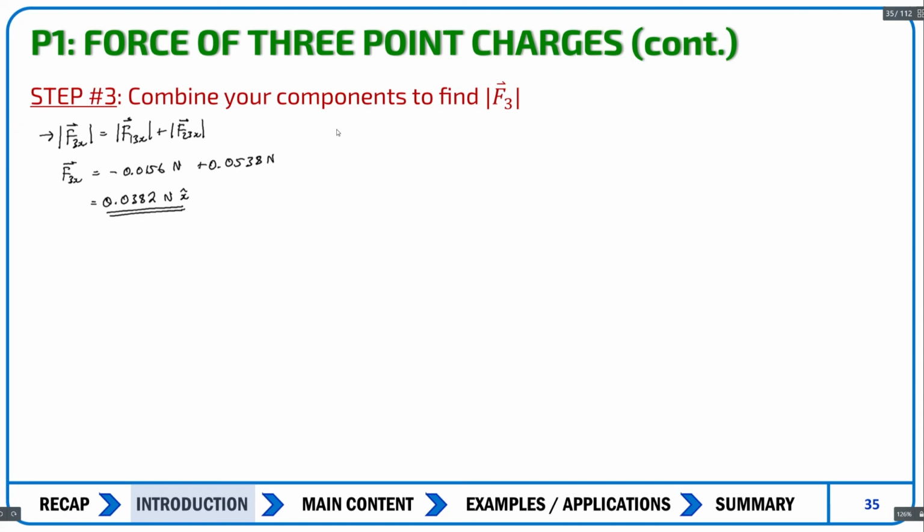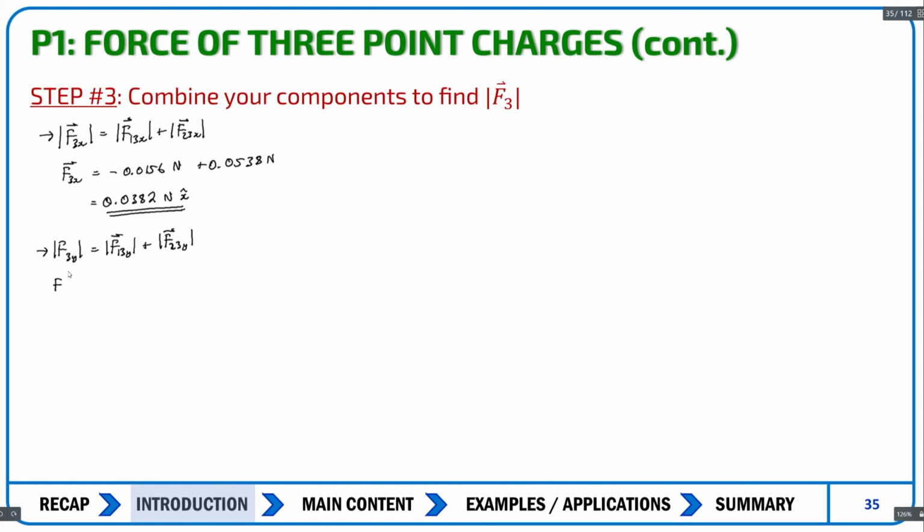Then you also have F3y, which is equal to F13y plus F23y. So we're adding up the individual y components for each one that we just calculated.